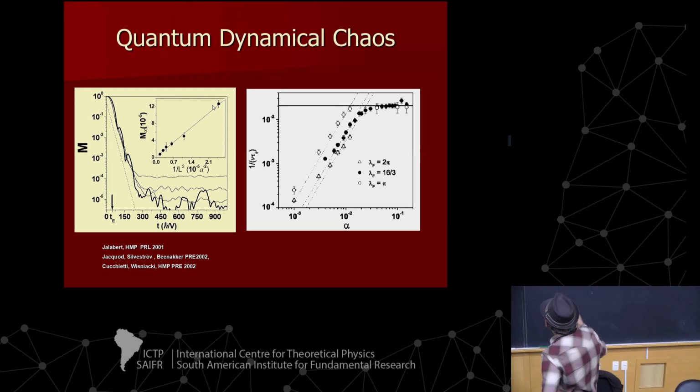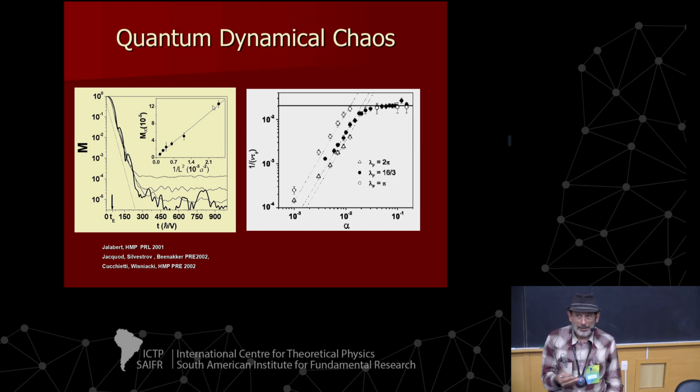Remember, I have here a stadium, and this is actually a Lorentz gas, so an electron going in a Lorentz gas. We do the time reversal for this one-body dynamics of a wave packet. And from this one-body dynamics, what we observe is this decay, which is the Lyapunov exponent. It is the Lyapunov exponent that coincides with the classical Lyapunov exponent.